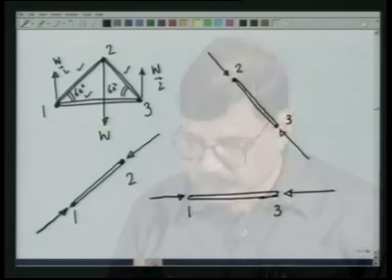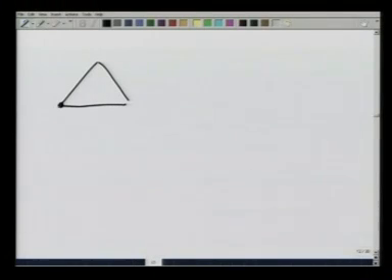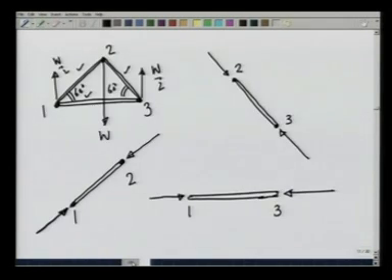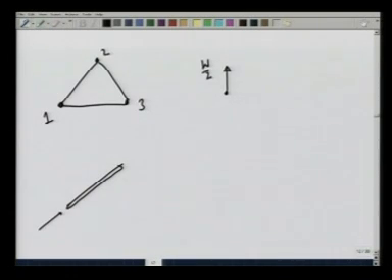Now, I know that pin 1 is in equilibrium. Pin 1 has a force acting on it, which is W by 2. Since for the rod 1 2, I made forces that are pushing the rod, the rod would be applying a force the other way on the pin.